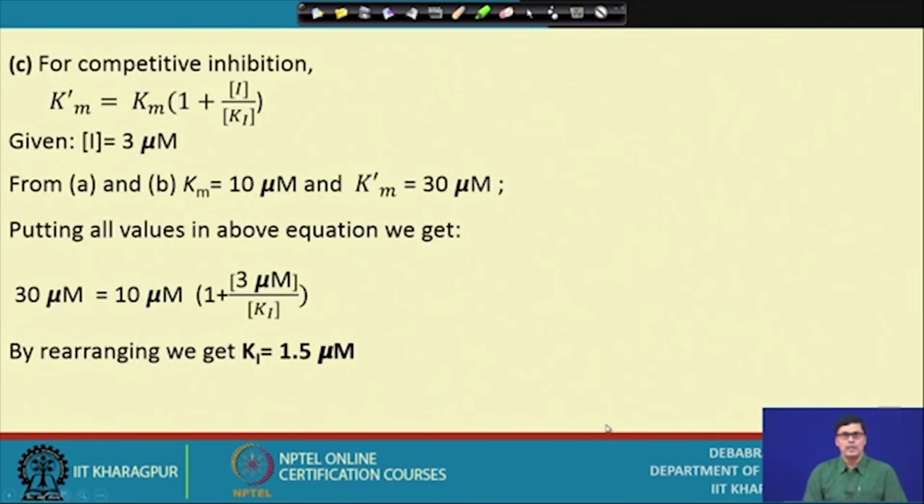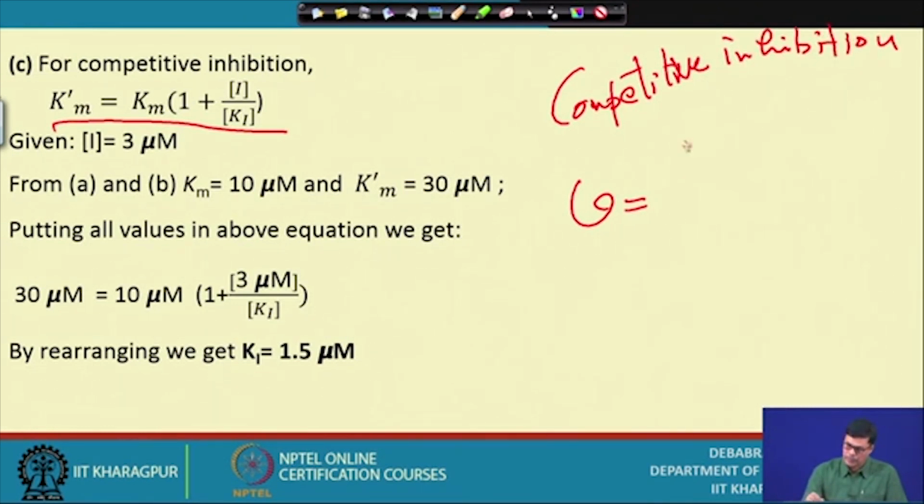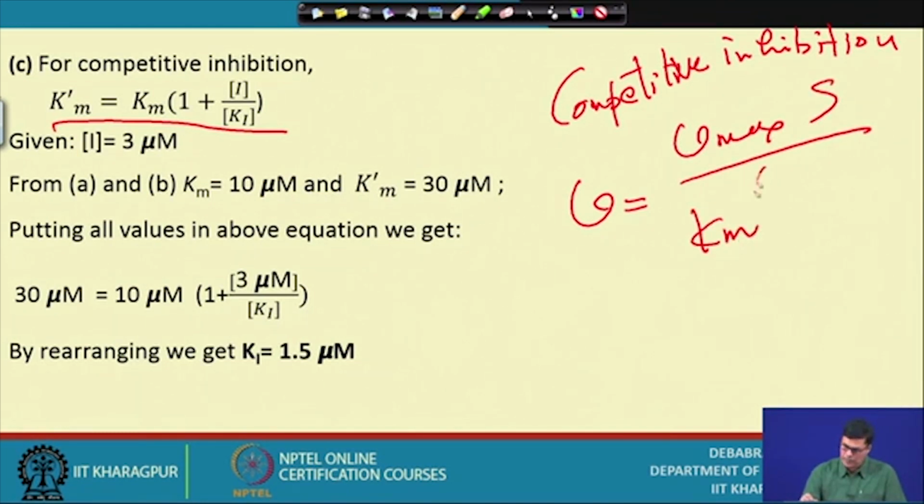Now, next we shall have to find out the value of Ki. So, in case of competitive inhibition, we know Km dash equals Km into this, because we can remember that we have shown this equation in case of competitive inhibition: V equals Vmax S over Km times 1 plus I by Ki plus S. Am I right?